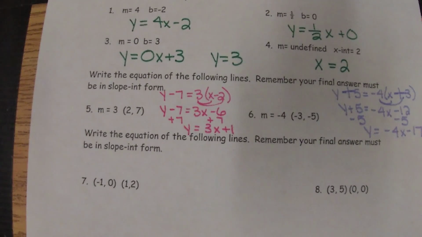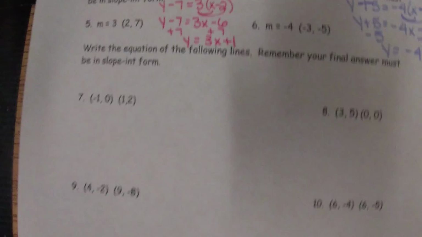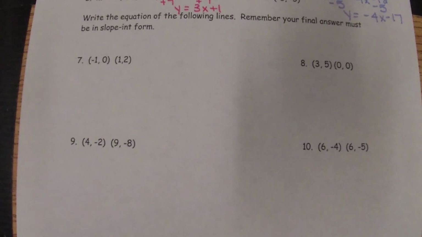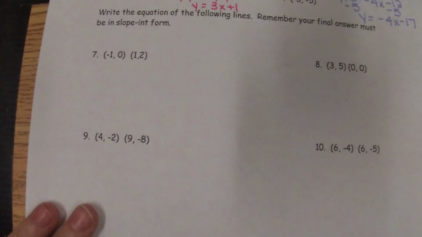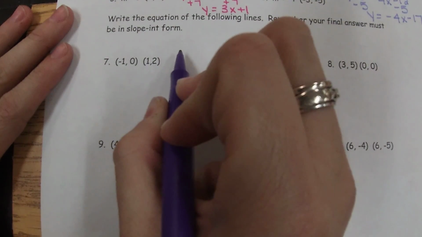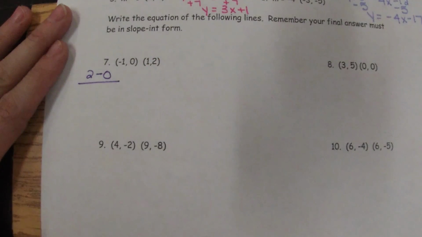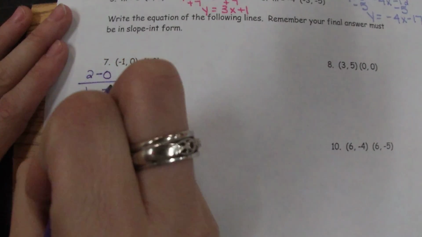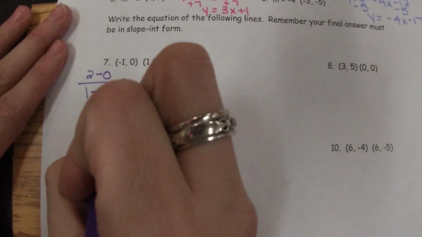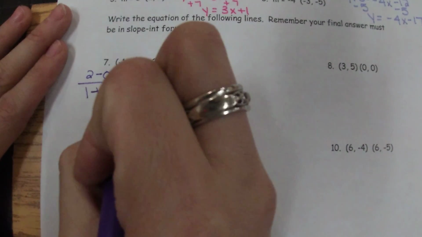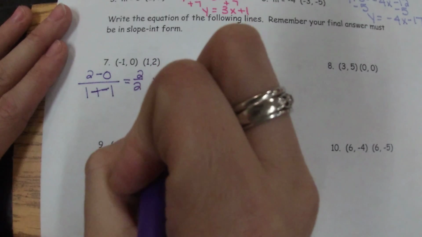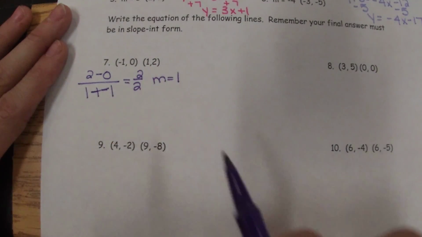Now, as we get into this next chunk, we have a few more fractions and things happening here, I think. So let's take a look at that, make sure we're okay with our math here. So number 7, the first thing that we need to do is we need to actually find the slope. So we should be doing y2 minus y1 over x2 minus x1. 2 negatives make a positive. So this one, our slope is just 1.